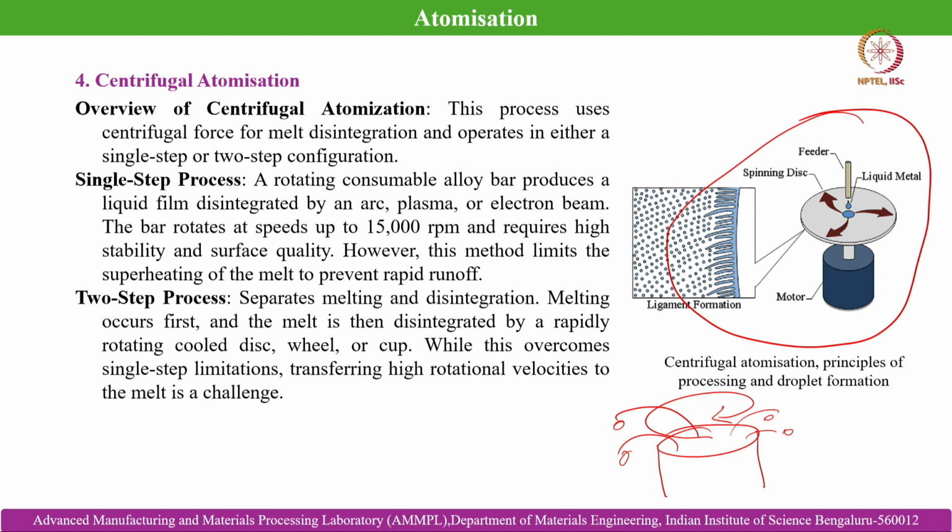You can see the typical micro mechanism of the disintegration in this pop-up box, where you can see the liquid film, and the disintegration of these liquid ligaments in the form of droplets at the onset of the centrifugal force exerted by this rotating spindle or the wheel or the cup.